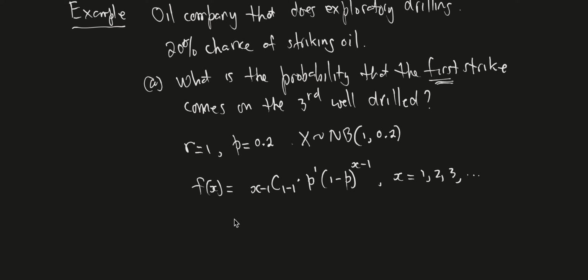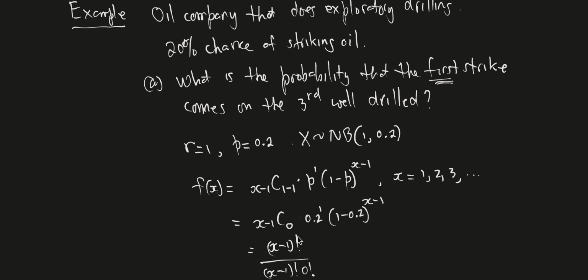But if you set this up so you have x minus 1 choose 0, and then p, so that's 0.2 to the first power, and then 1 minus 0.2 to the x minus 1 power, here's why the choose term always ends up being 1. Because you'd have x minus 1 factorial over x minus 1 factorial and 0 factorial.